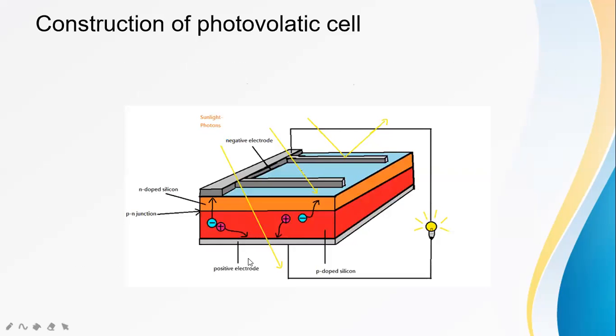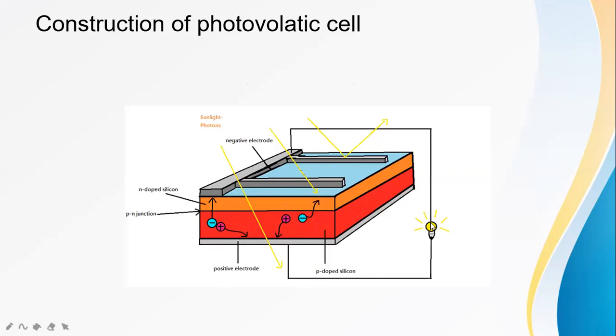This is the construction of the photovoltaic cell. See here, it is P and N type semiconductors. This is a P type semiconductor and N doped silicon, and there will be a PN junction. This is a positive electrode, and here it is a negative electrode.